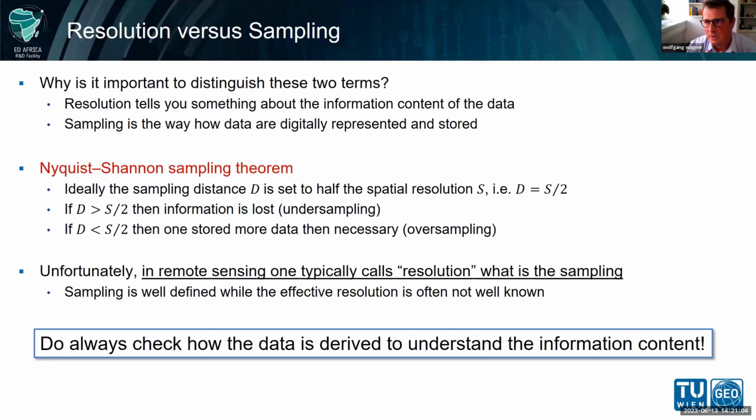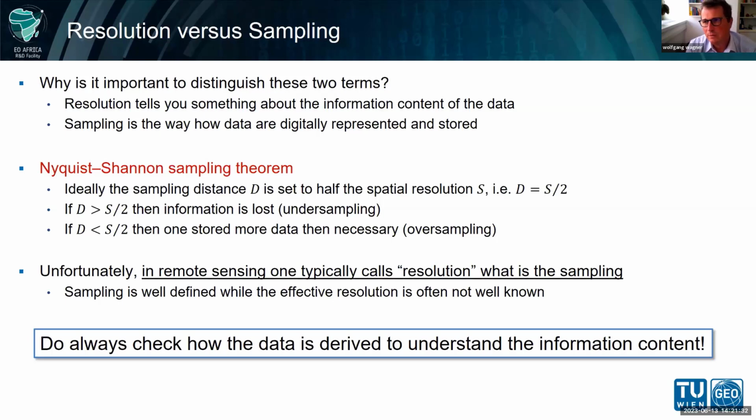The second term is the sampling. So how often the data are digitally represented. In terms of the satellite image, it's the pixel size, and in terms of a model, it's the model grid. And the point is, these are two different terms. In an ideal scenario, the sampling would be twice the spatial resolution.